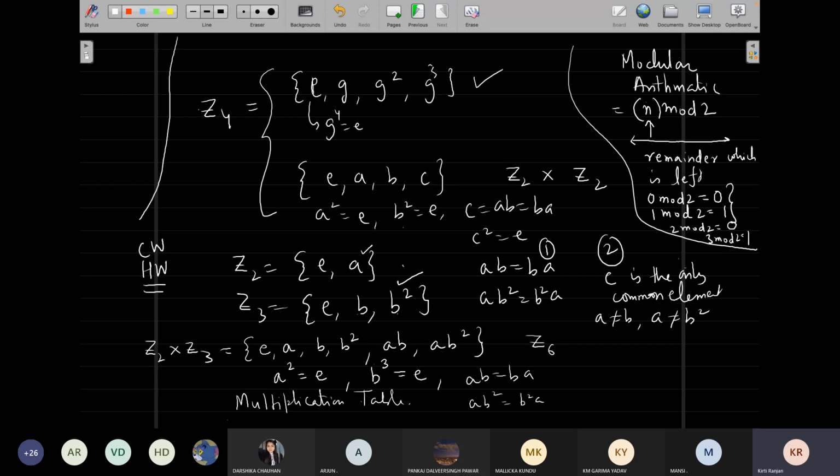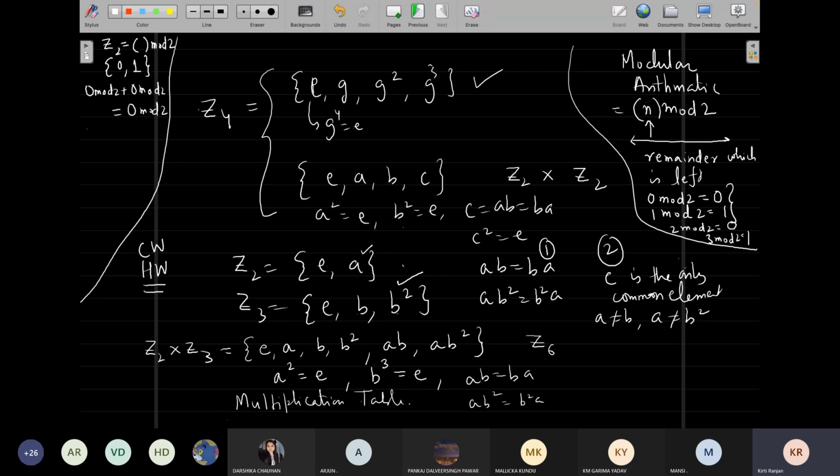That means that I am now talking about a group which is nothing but something mod 2. I am not saying how it forms a group, but it does form a group under simple addition. You will find 0, 1. So 0 mod 2 plus 0 mod 2 is equal to 0 mod 2.